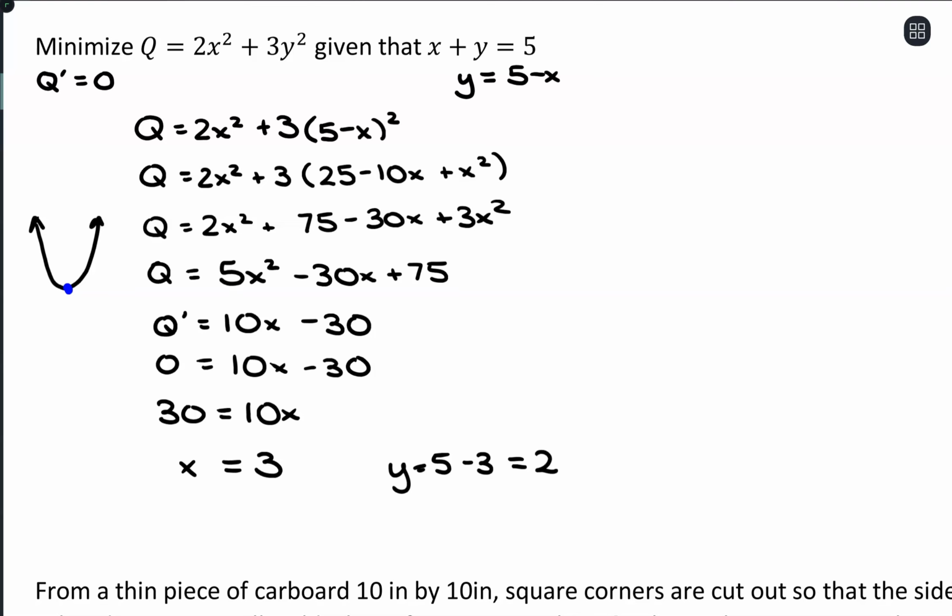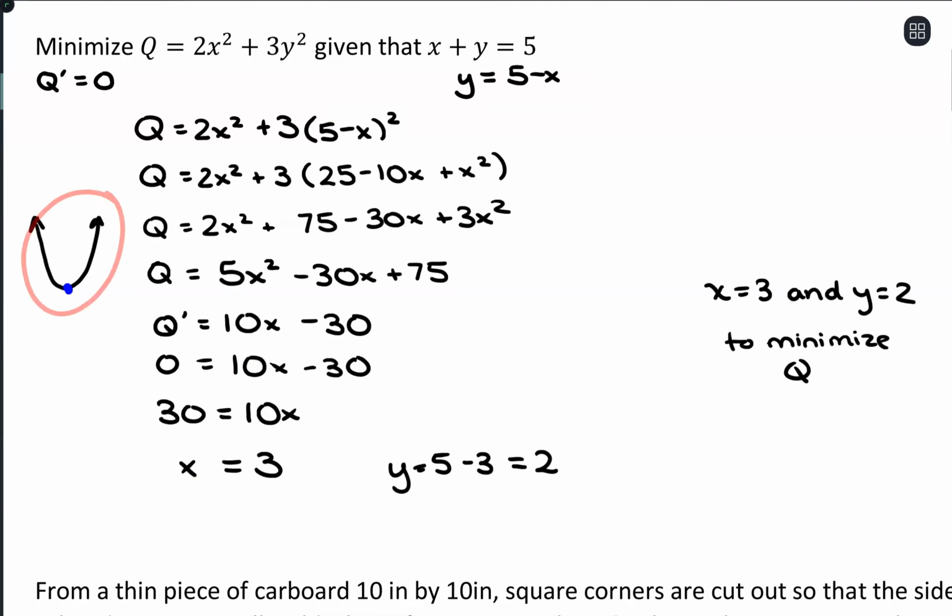So to minimize q, we use x equals 3 and y equals 2. That rhymes very nicely. Okay, so with that, we got things in terms of a single variable, simplified, evaluated for critical values, and just kept in mind that we are in fact finding a minimum value.